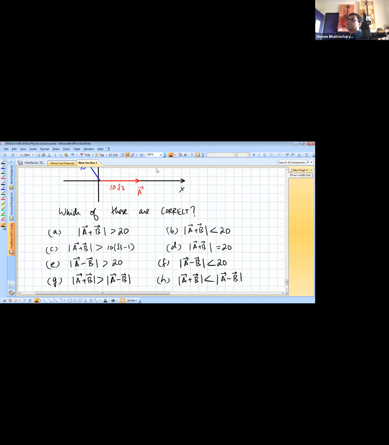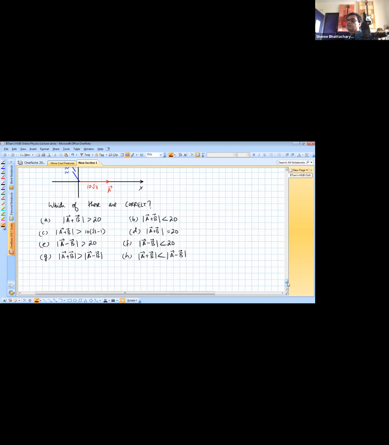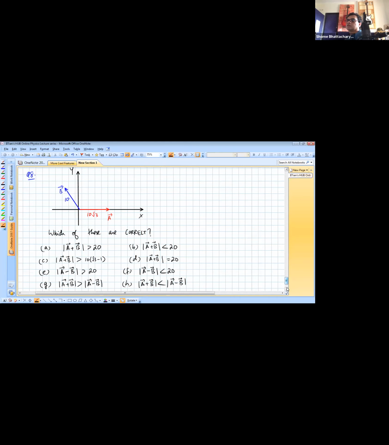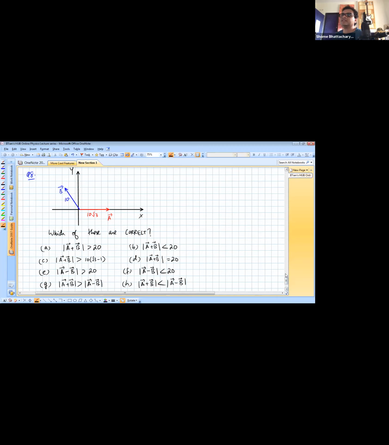So you have to select all the correct options out of this. This is not an exam level question because there are, as you can see, 8 options. You get only 4 option questions. But this is just for your own practice. Okay, so let's understand that given this diagram, which of these options we can definitely say are correct and which of these options we can definitely say are wrong. This will clear out our concepts of all inequality based questions.